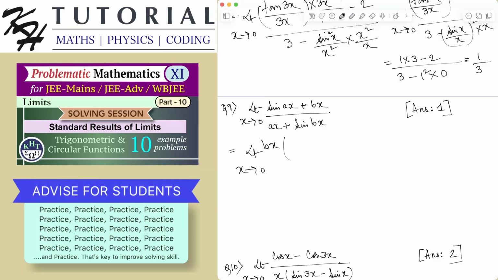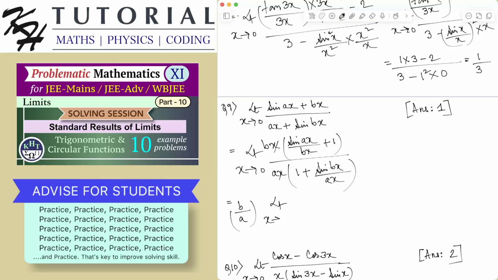So this becomes bx times sin ax by bx plus 1, divided by, and from the denominator I am taking ax as common factor, which then becomes ax times 1 plus sin bx by ax. Okay, so x cancels out, we have b by a as a constant. Let's bring it outside the limit, b by a, and we have limit x tending to 0.